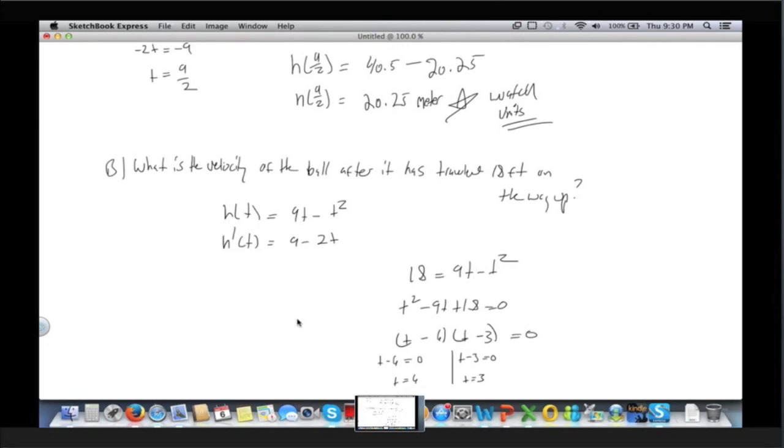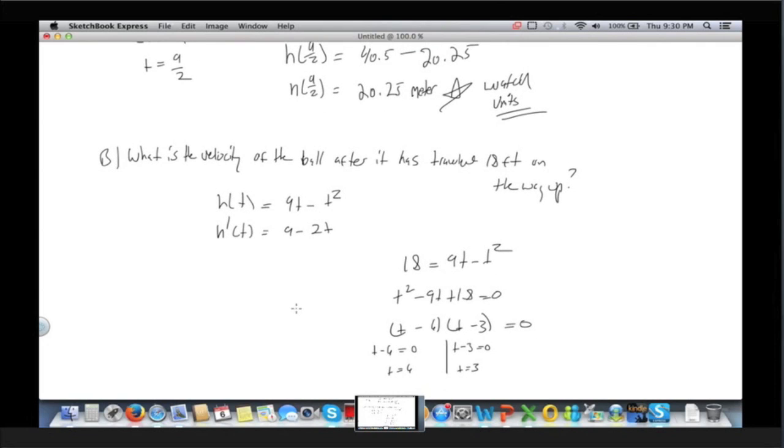I was trying to figure out how long it took to reach 18 feet. So I guess it paused for 3 seconds in the air. I don't know. Okay, I'm going to go with this. So that was our time. And then what is the velocity at 6?